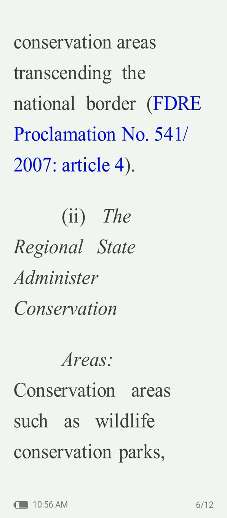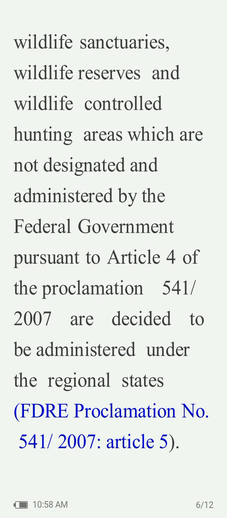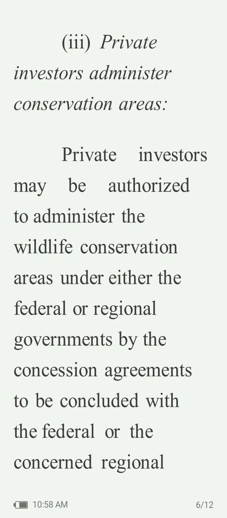Second, the regional state administered conservation areas. Conservation areas such as wildlife conservation parks, wildlife sanctuaries, wildlife research, and wildlife controlled hunting areas, which are not designated and administered by the federal government pursuant to Article 4 of the proclamation, are decided to be administered under the regional states. Third, private investors administer conservation areas.